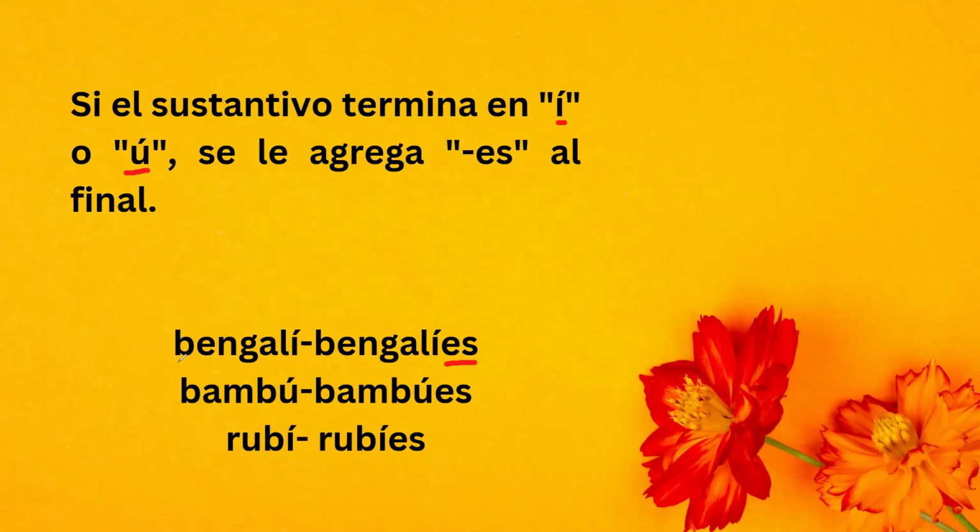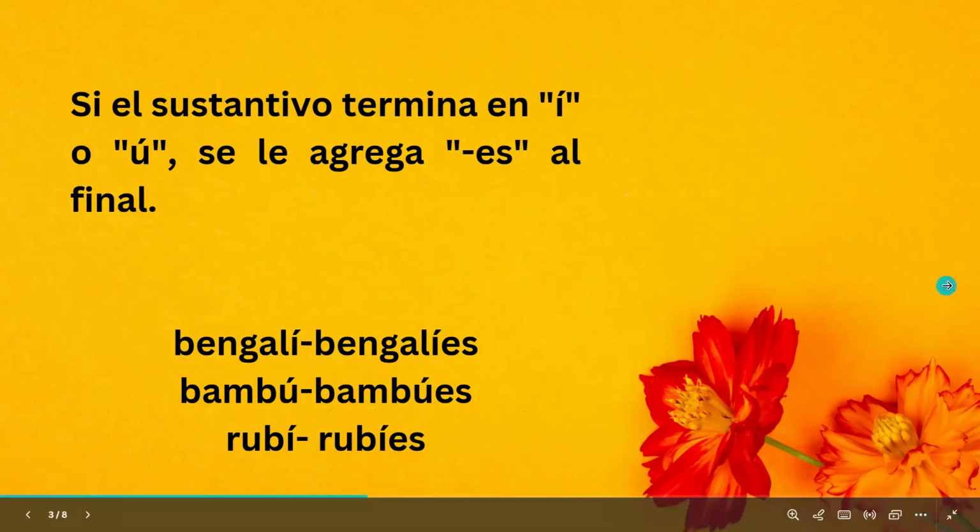So in this case, it's bengalí. You change it to bengalíes, but you keep the stress mark. Here also bambú, bambúes, or rubí, rubíes. You keep the stress mark, so only in the I and U with a stress mark.